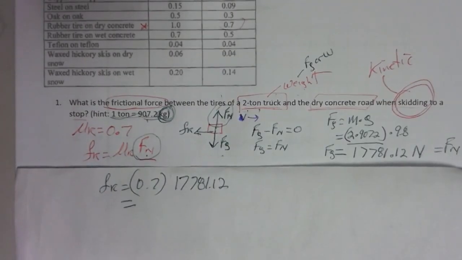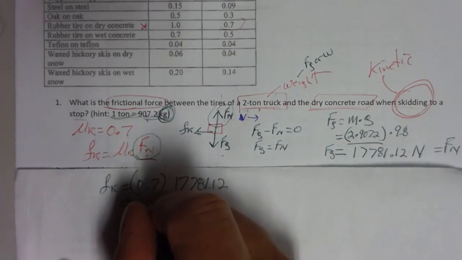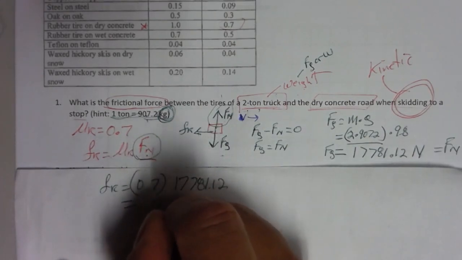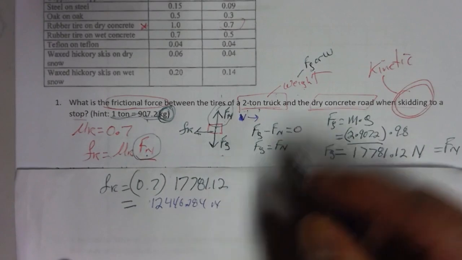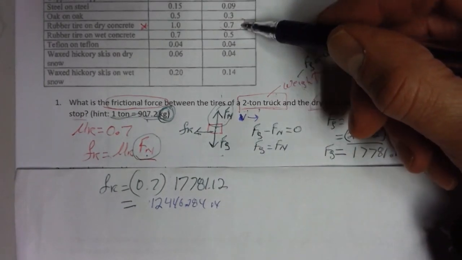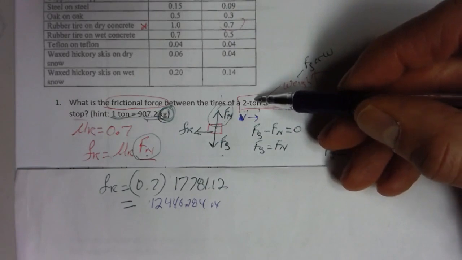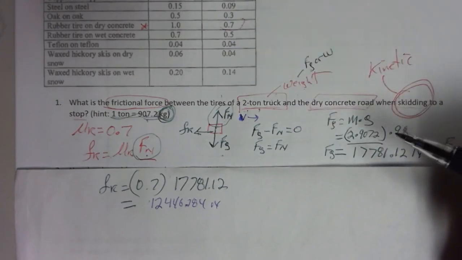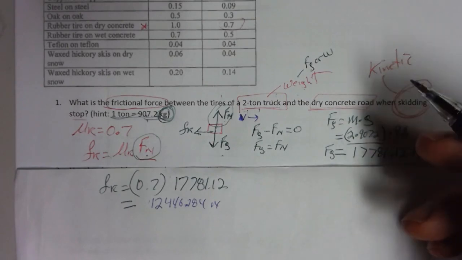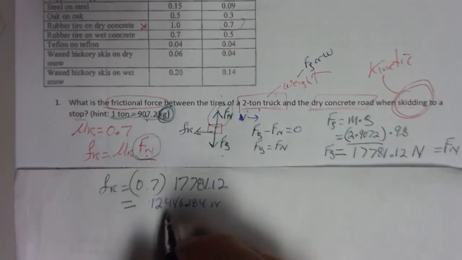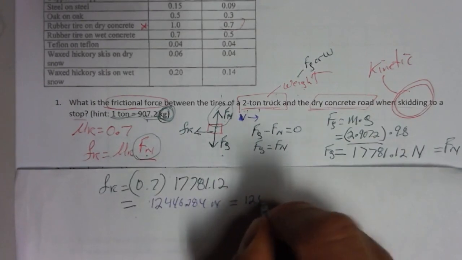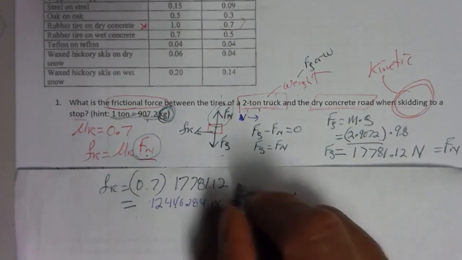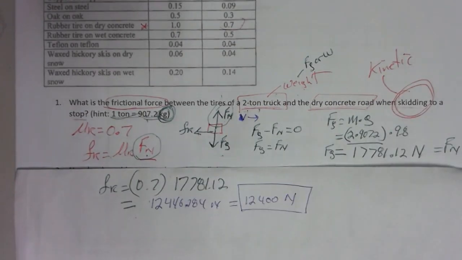Let's see what we get. 12,446.784 newtons. Now that's way too many significant digits. We actually only have one significant digit up here for the 0.7, and the 2 tons is only 1. So one significant digit wouldn't be reasonable. So we're going to say that it's 12,400 newtons. We're going to go with 3 significant digits just because I said so, not for any good reason.